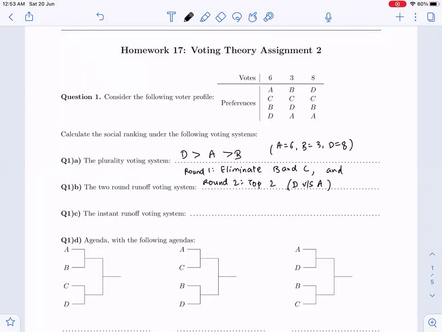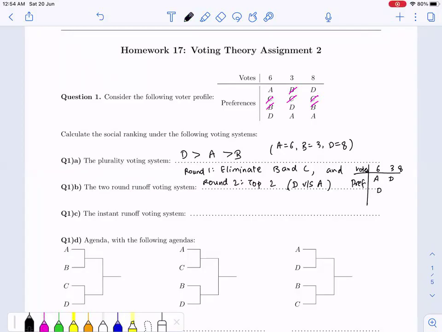After redistributing the votes, what this looks like is something like this. So you eliminate B and C. So now you have something like A, D, D, A, D, A.